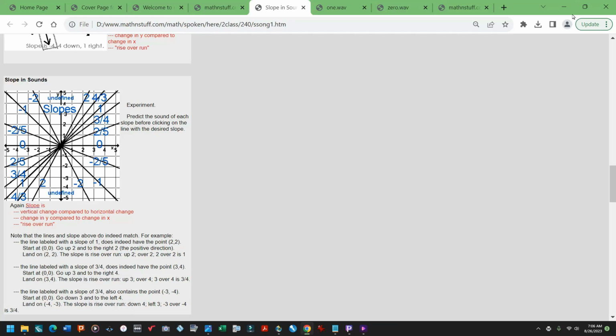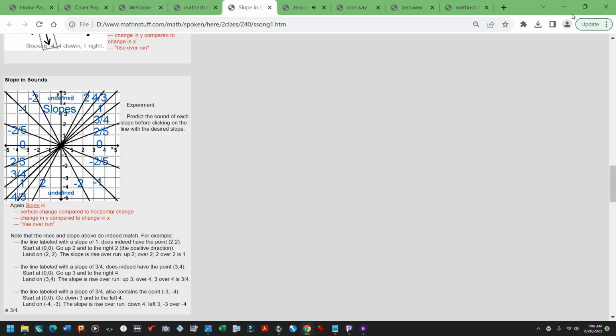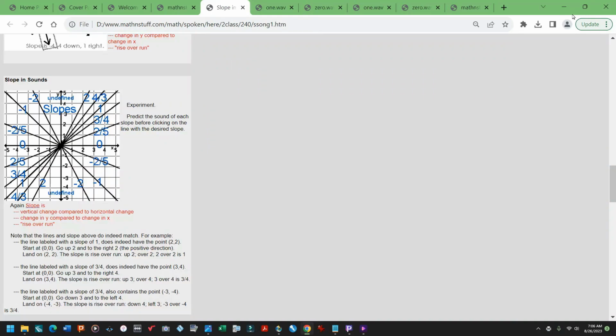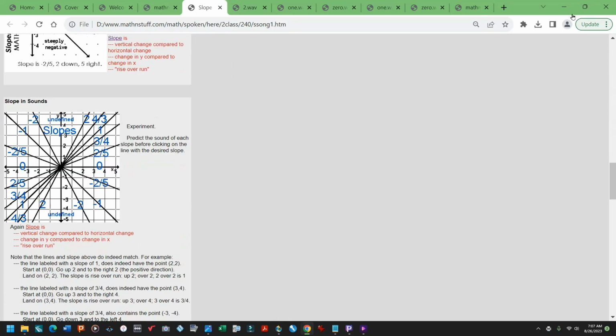Back to our page. A slope of 0 again. A slope of 1 again. For a slope of 2, how should 2 sound relative to 1? It reaches higher. Here we have at 2 units of time, the slope of 1 is up 2 units.